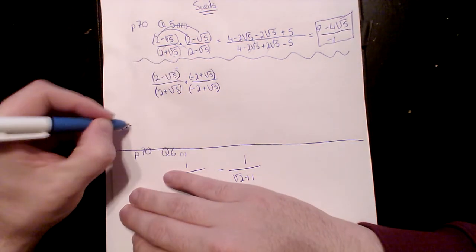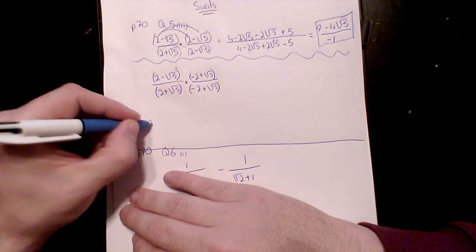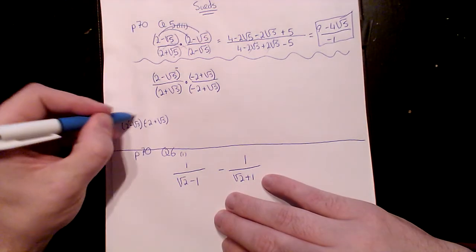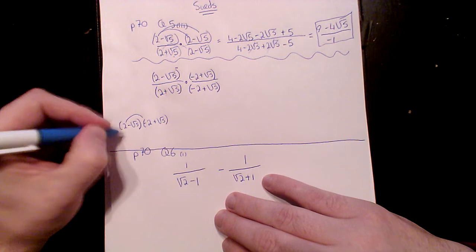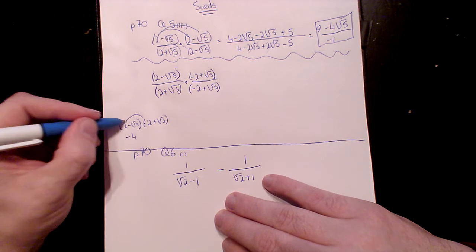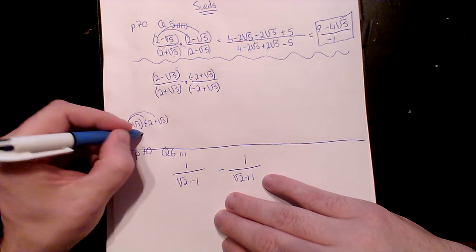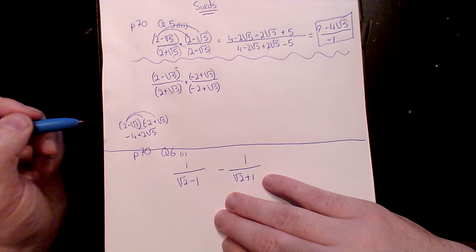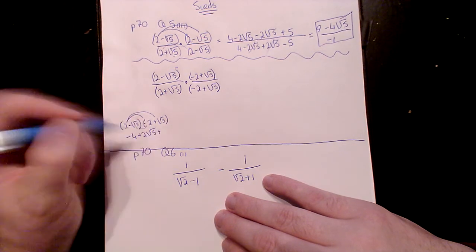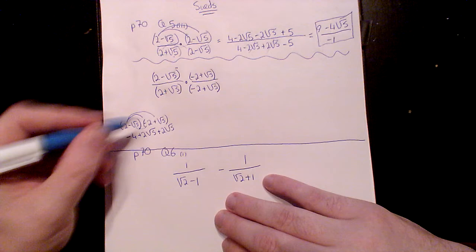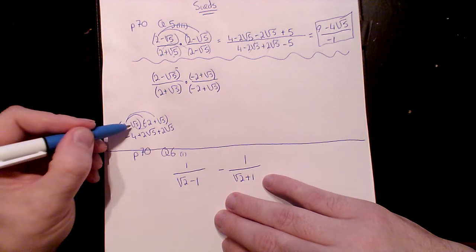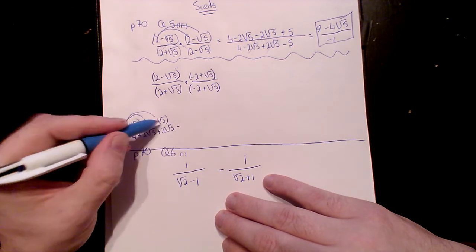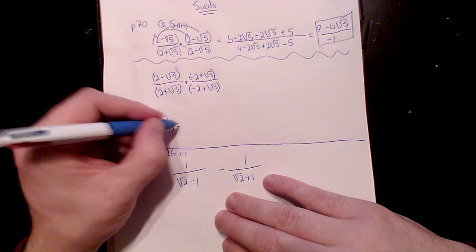So it's 2 minus root 5 by minus 2 plus root 5. So 2 by minus 2, minus 4. 2 by plus root 5, plus 2 root 5. Minus root 5 by minus 2 is plus 2 root 5, because a minus by minus is a plus, and minus root 5 by plus root 5, well, signs are different, so minus, and root 5 by root 5 is 5.